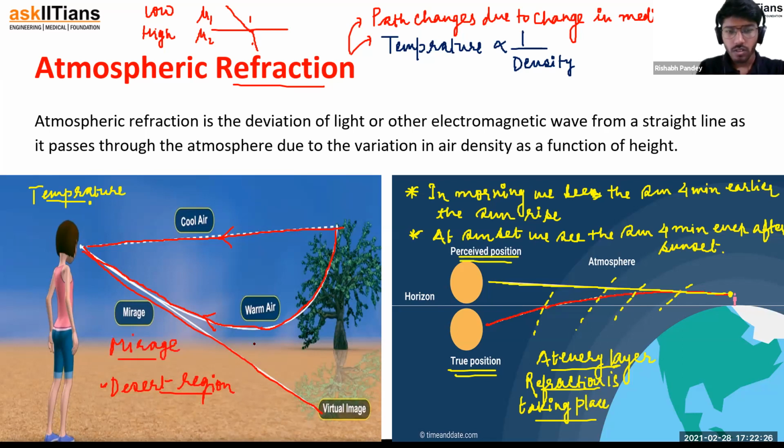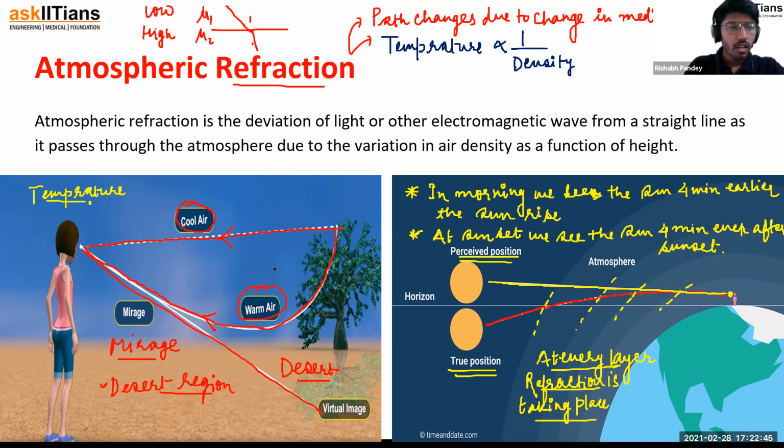Why? Because you just try to understand that here we have a desert. And the air just above the desert will be warm. And as you keep rising, the temperature will keep on decreasing. Will there be a change in density? Yes, absolutely.